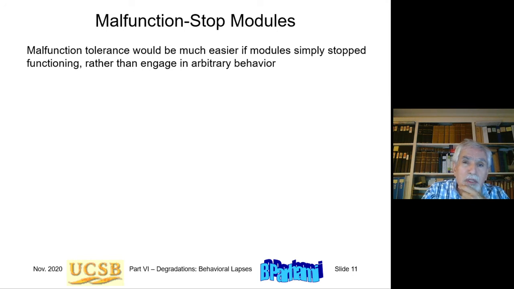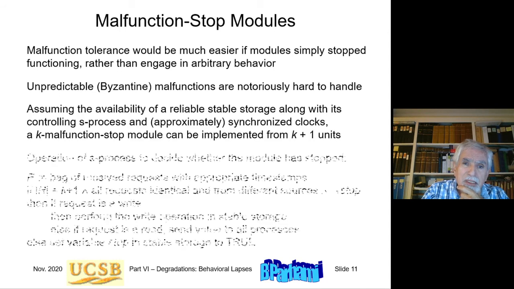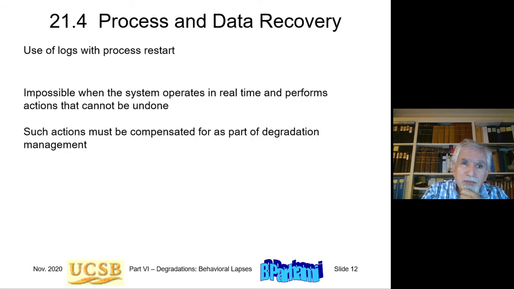Malfunction stop modules I already talked about in a previous lecture, so I'm going to skip this slide. We also talked briefly about logs. Because logs are so important, let me repeat some of the concepts here. So whenever we make changes in our database or other stable storage areas in our system, we record the changes in logs.